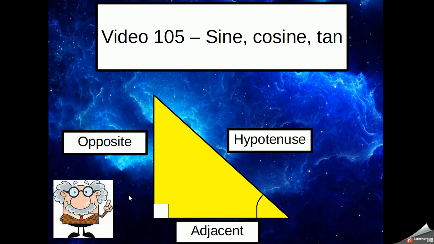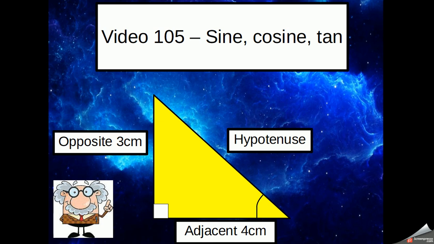So with any triangle we're working with sine, cosine, tan, we have the sloped side, the hypotenuse, the side that is next to the angle we're trying to find, or that we have, called the adjacent, and then the side that's opposite it, called the opposite. And you'll see why it's important to remember those and how to label each side as the opposite, adjacent and hypotenuse.